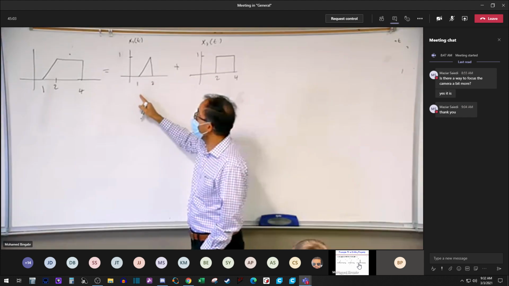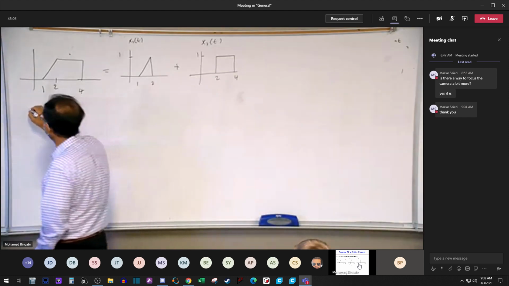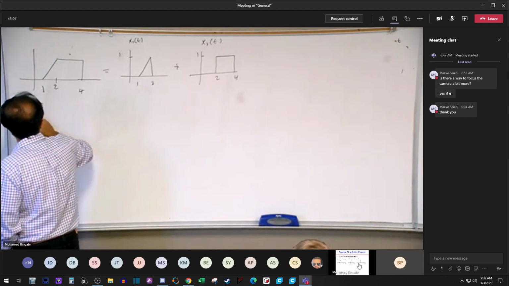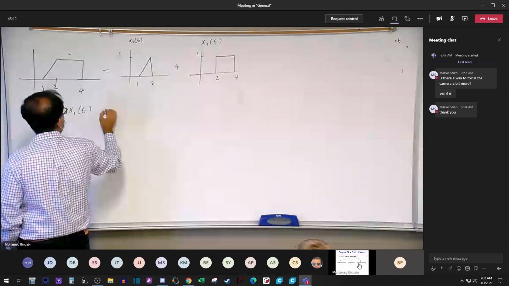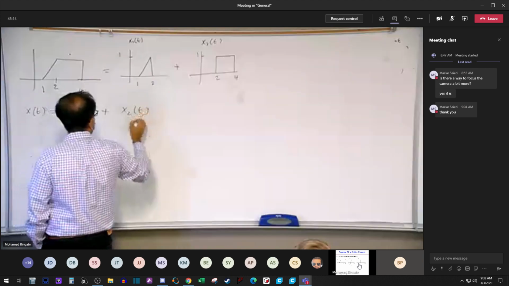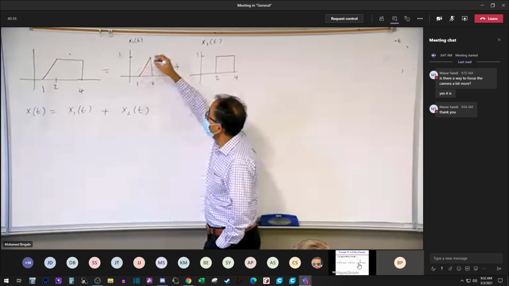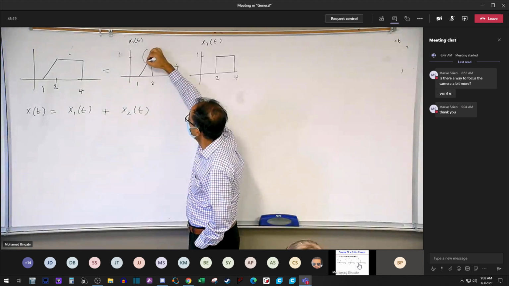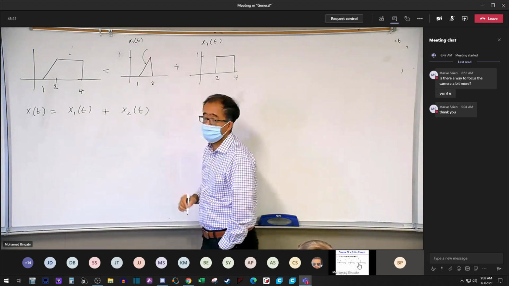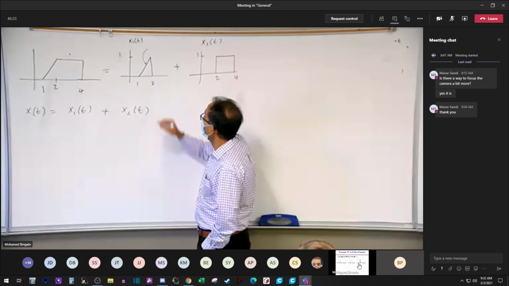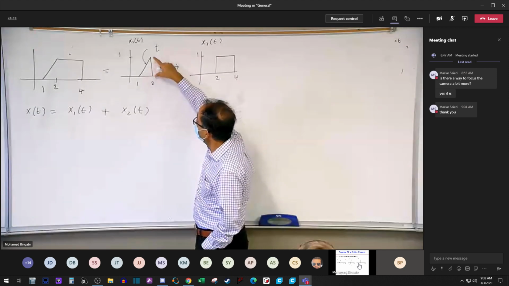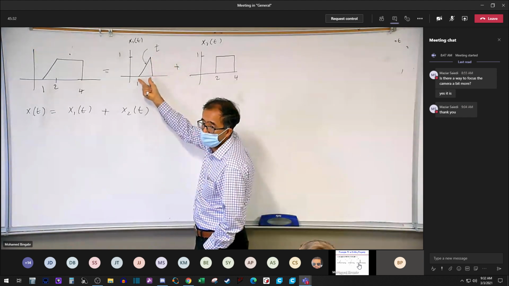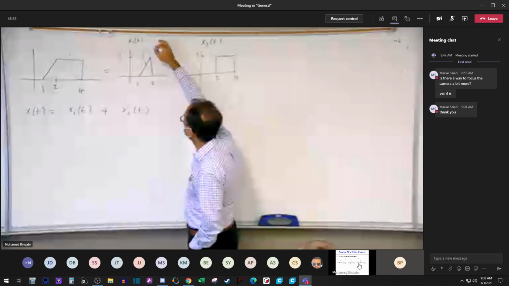Now, how do I express this signal? X of t equals x1 of t plus x2 of t. Well, let's find the equation of this line. It's a line, so that's t. The slope is height divided by width, 1 divided by 1, so the slope is just 1.